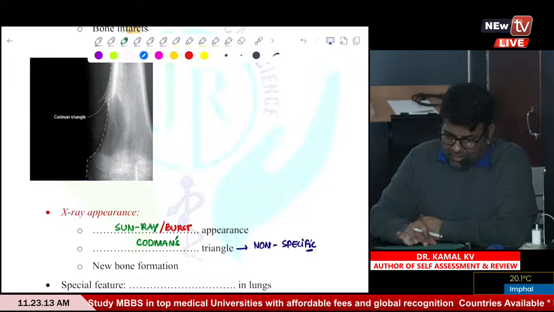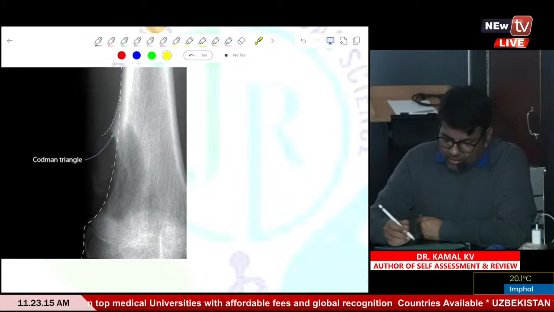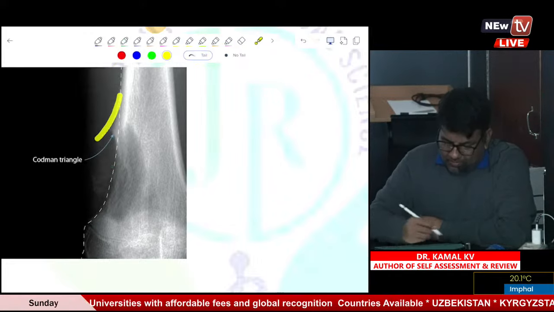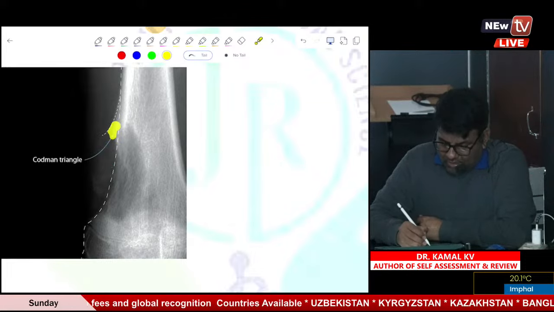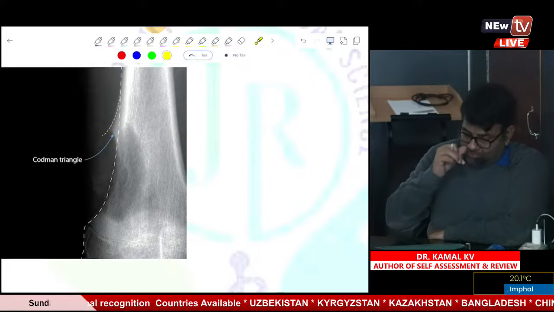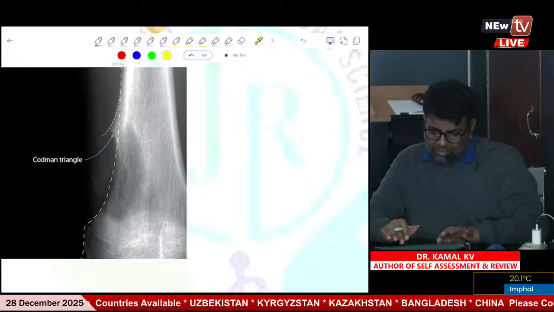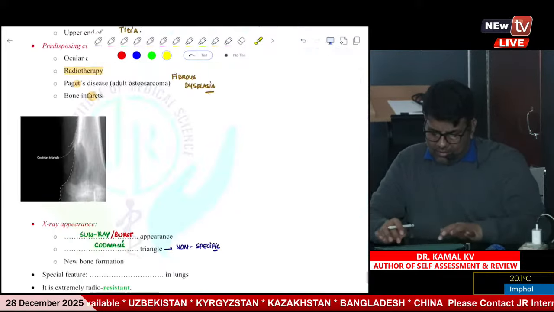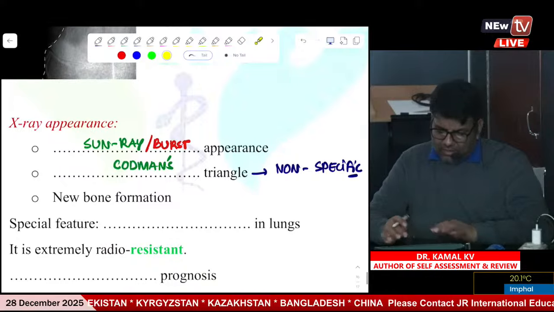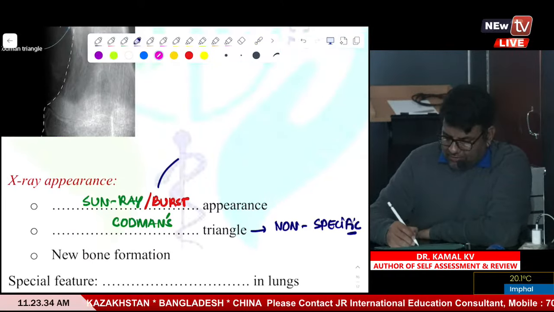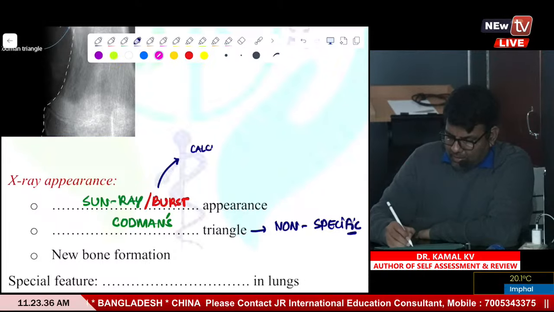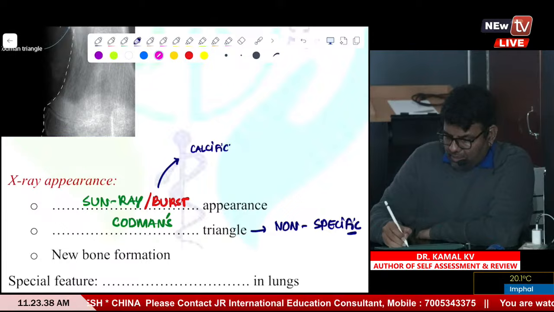So what is happening here? The periosteum is lifted. This is the cortex, and in between the two there is a triangular bony component known as Codman's triangle. And sunray appearance, why is it happening? Because of calcification.